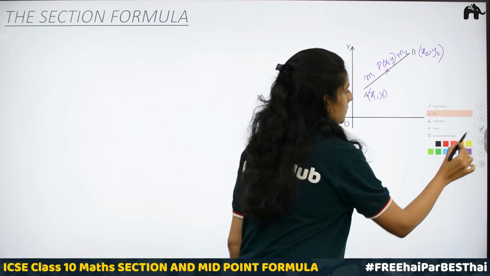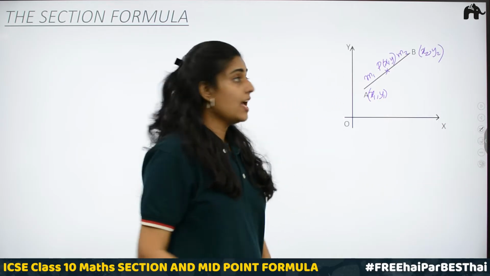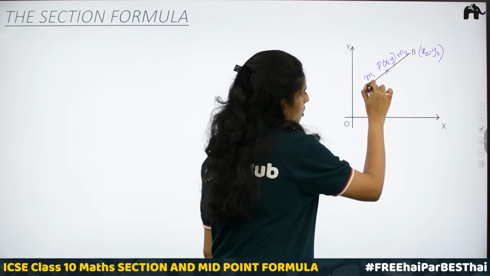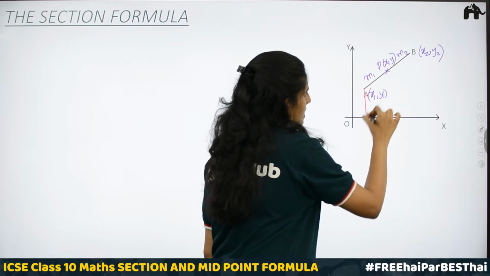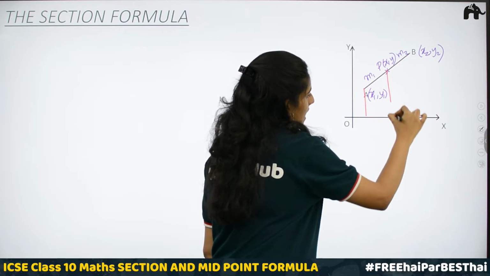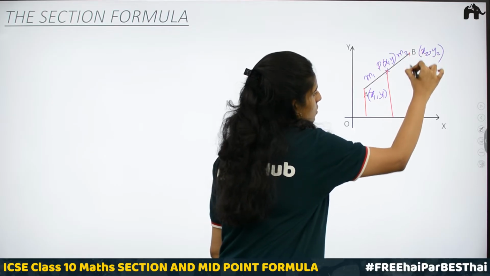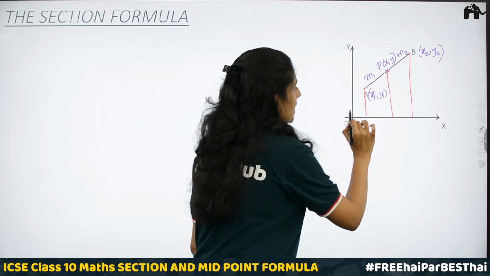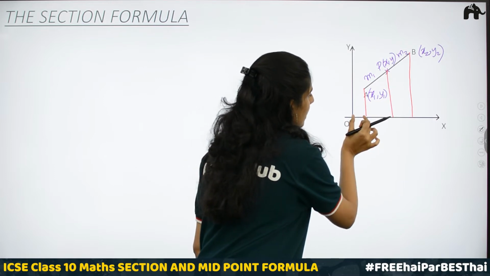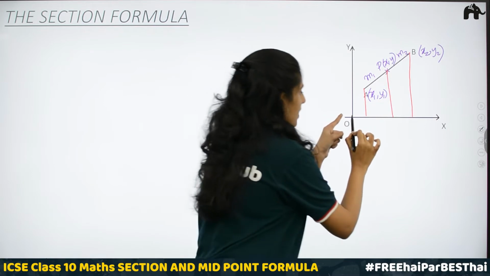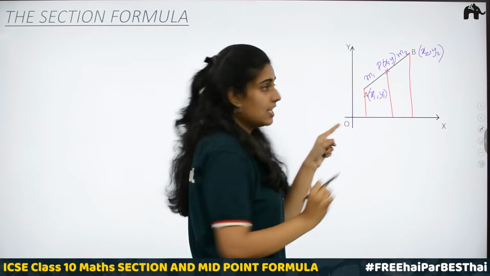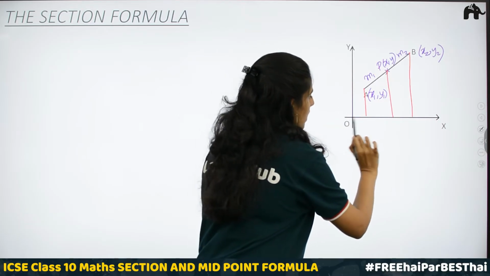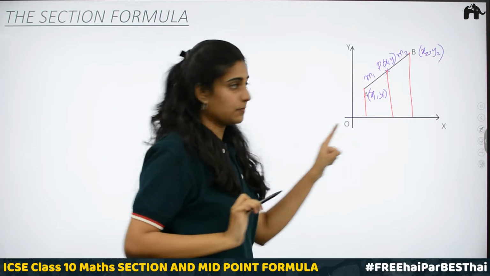Now, I am drawing perpendiculars from point A to the x-axis, P to the x-axis and B to the x-axis. Here we have x1 distance. Point A is at x1 distance from the origin.